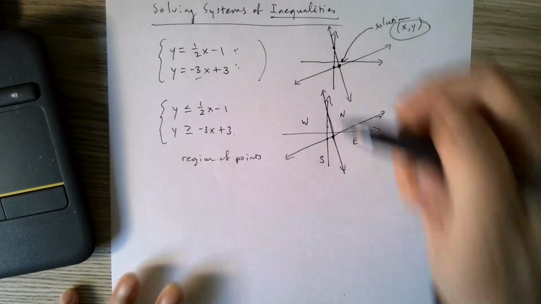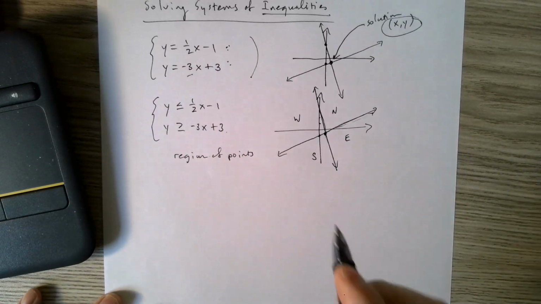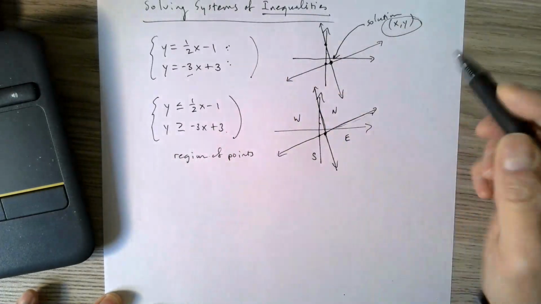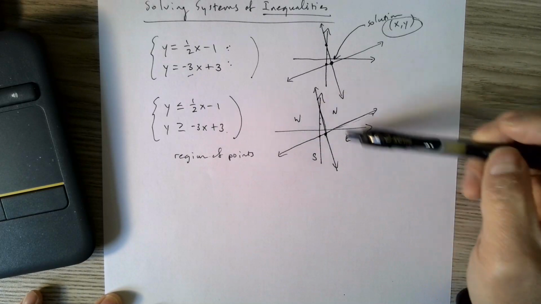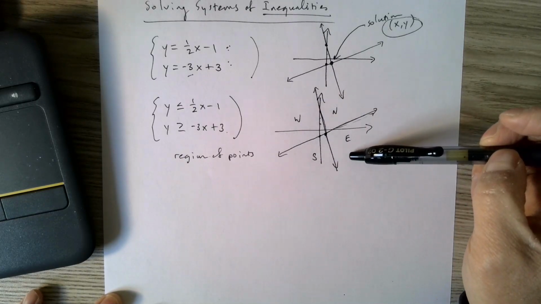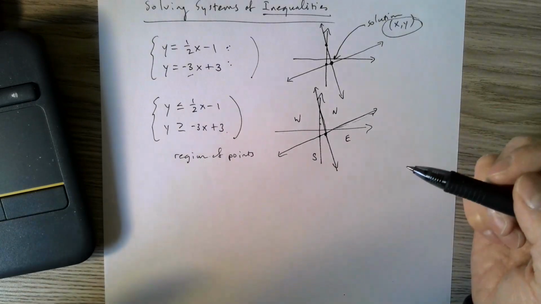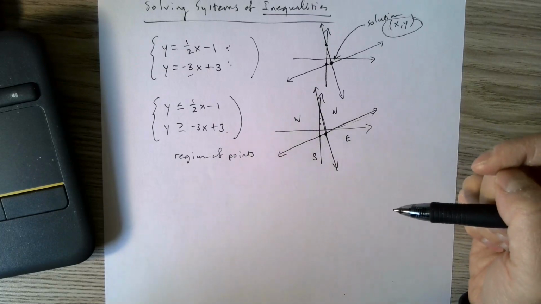And this is west. And the solution to this system of inequalities is going to be one of those 4 regions. And when I determine which of the 4 regions it is, I'm going to shade it in. That's how I show graphically what the solution is. It's the shaded region.